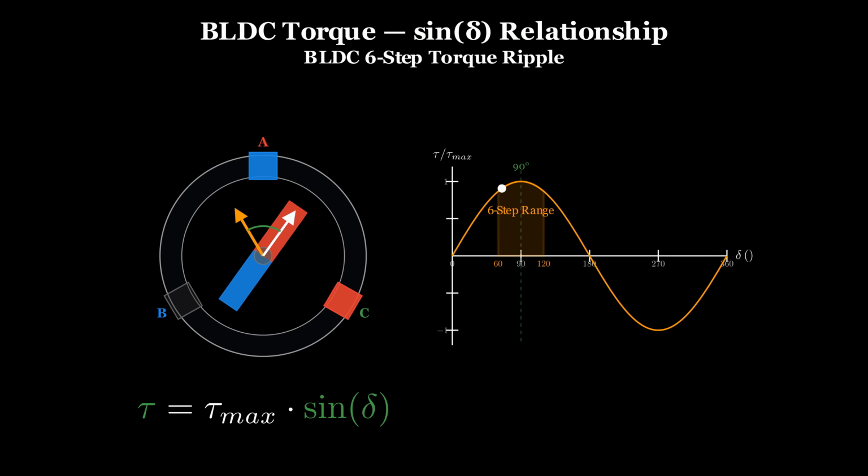This is the fundamental difference compared to PMSM, which we'll cover later. In a PMSM, we use vector control to keep the stator and rotor flux at exactly 90 degrees at all times. We'll dive deeper into that in a future video.